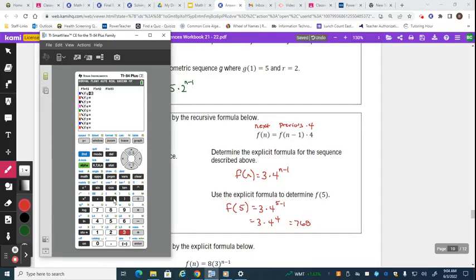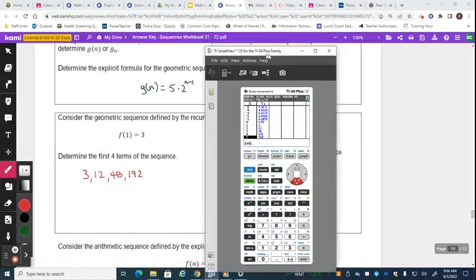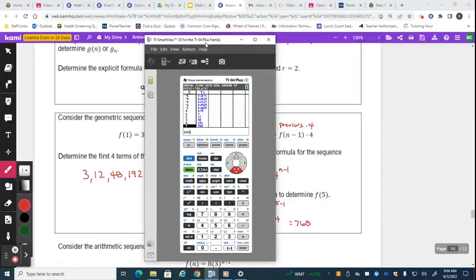If I type in 3 times 4 raised to the x minus 1, first term is 3, 12, 48, 192, 768. So they match up with the terms we talked about, the first 4 terms and then the fifth.